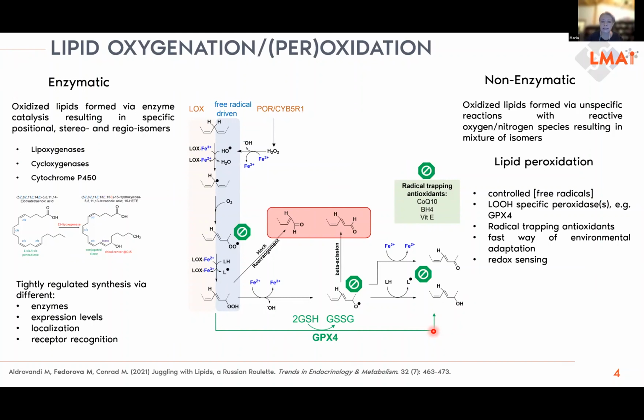So we can actually think about these free radical-driven reactions as something which can happen as a fast way of adaptation to environmental changes. Here we do not need to express new enzymes. We do not need to wait for that, but through these reactions, this modified lipid can exist. And that might be a mechanism in redox sensing within the cells in physiological conditions.